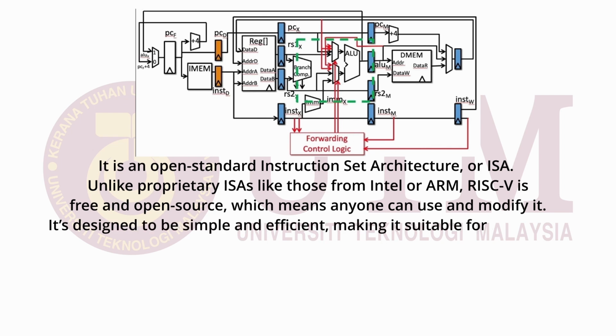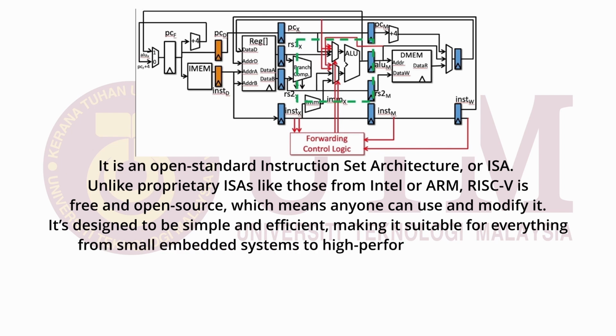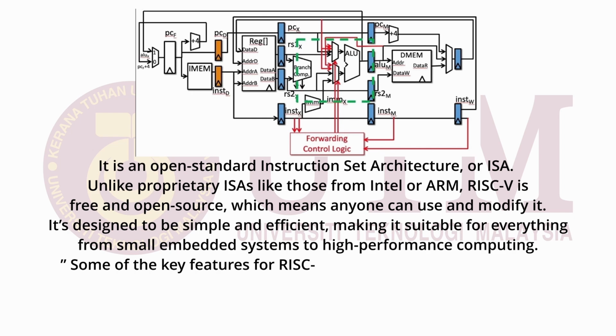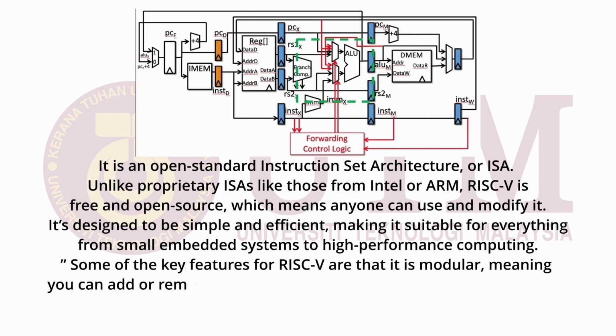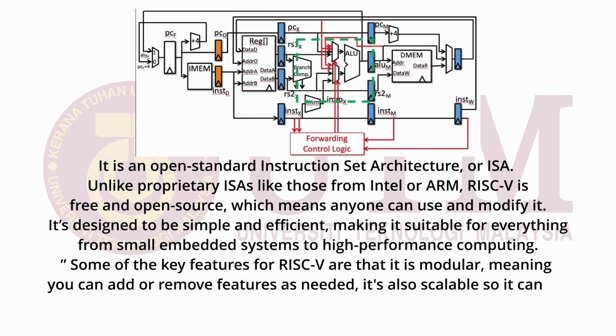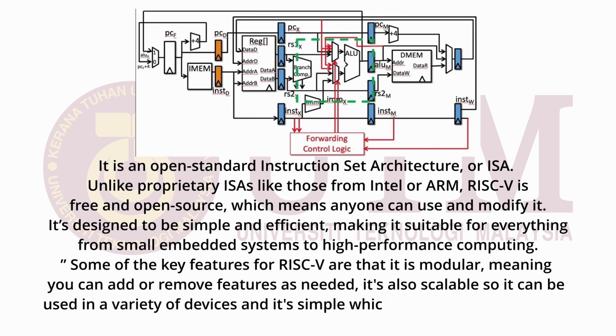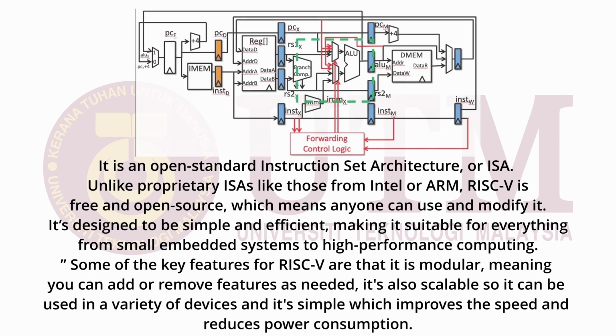It's designed to be simple and efficient, making it suitable for everything from small embedded systems to high performance computing. Some of the key features of RISC-V are that it is modular, meaning you can add or remove features as needed. It's also scalable, so it can be used in a variety of devices, and it's simple, which improves the speed and reduces power consumption.